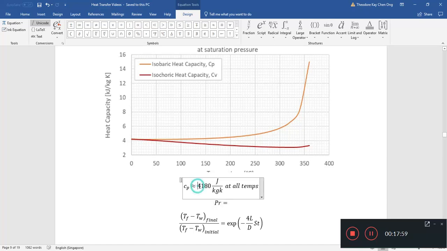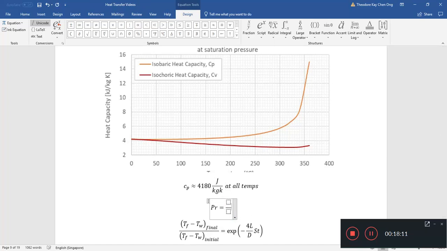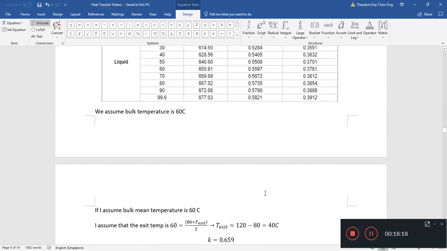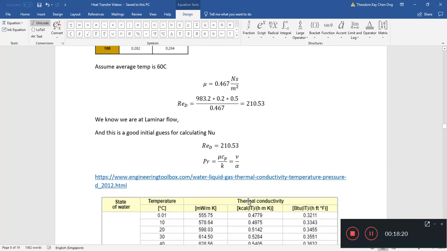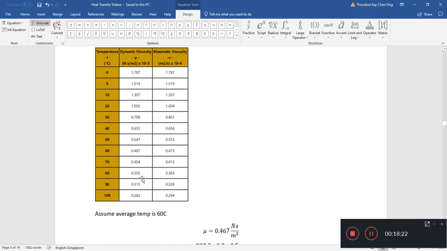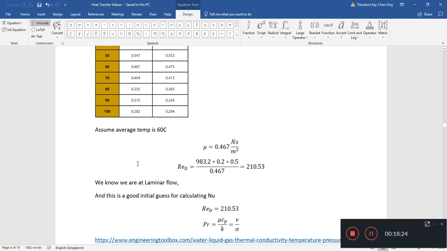Oh, it should be kJ per kg per K. All right, so again, let's calculate it. 4180 times mu. What's our mu value? 0.467.